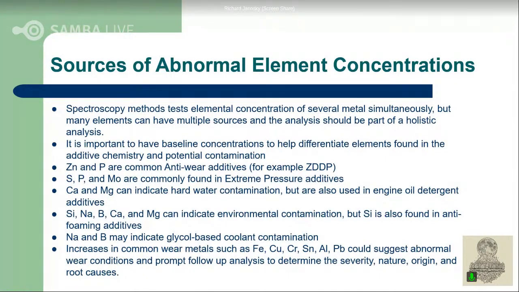It's important to have baseline concentrations to help differentiate elements found in the additive chemistry and potential contamination. And that's a very important thing we can note as a lab, that having that baseline sample adds a lot of value for the customer, not only identifying something like wear, but then also being able to understand how other additive concentrations have changed while the grease was in service.